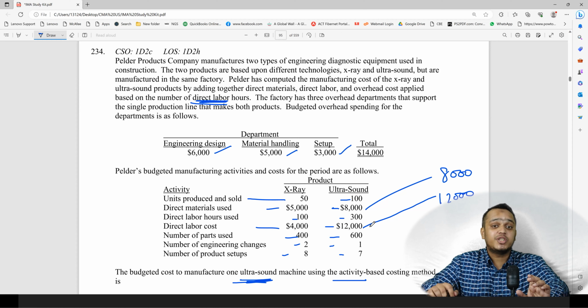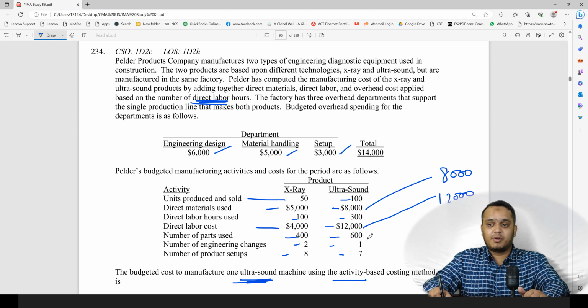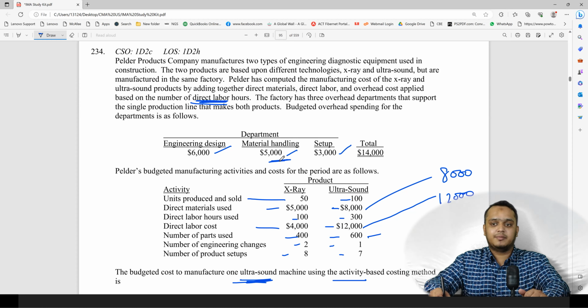These are apportionment bases. As I gave you the example of how much floor space is used in a mall, according to that I can give them the maintenance cost. In the same manner here, the number of parts used I can use for my material handling. The number of engineering changes will be for my engineering design.